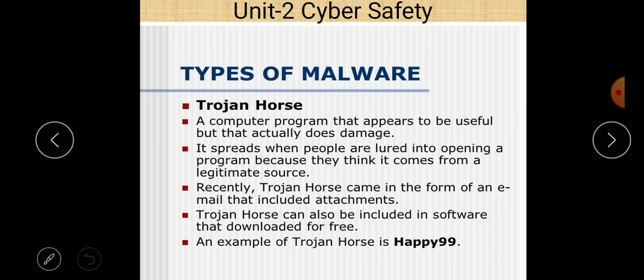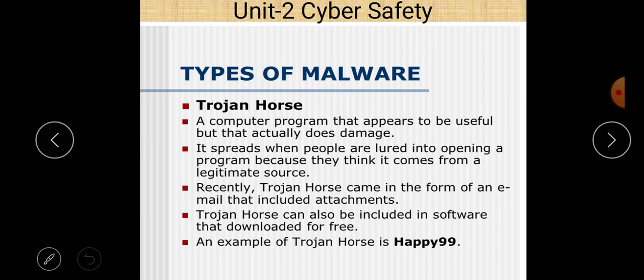The most important thing regarding the Trojan horse is that it is basically a computer program or software that appears to be useful, but once installed into a computer system, it actually does damage. They are capable of damaging files. They are capable of sending files from one computer system to another.